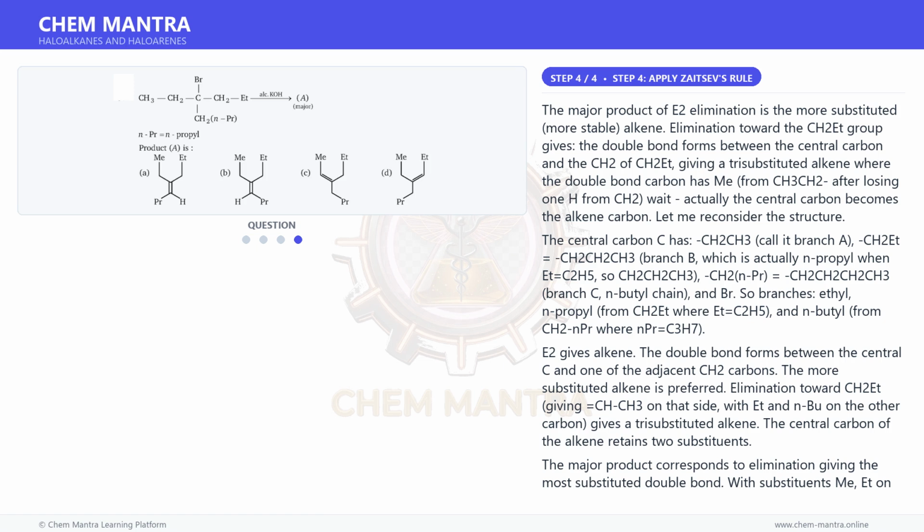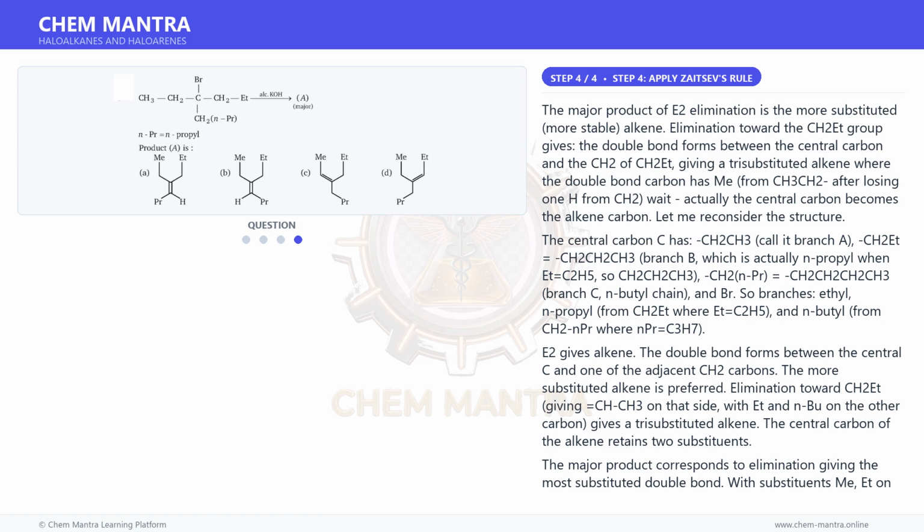E2 gives an alkene. The double bond forms between the central C and one of the adjacent CH2 carbons. The more substituted alkene is preferred. Elimination towards CH2Et gives =CH-CH3 on that side, with Et and n-Bu on the other carbon, giving a trisubstituted alkene. The central carbon of the alkene retains two substituents.